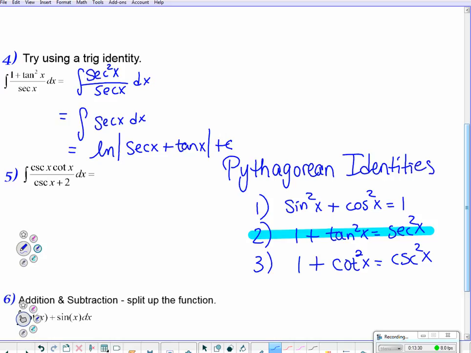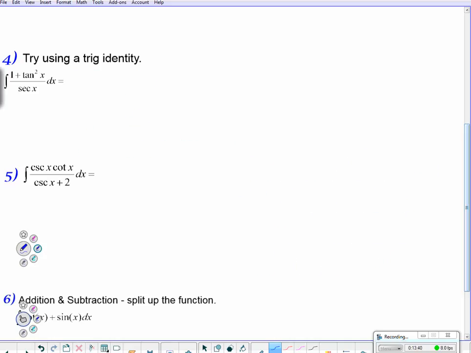All right. The next one. I don't know if we really have a trig identity we want to use. I think it's more going to be a u sub on this one, actually, because I don't know of a trig identity that gives me cosecant cotan. But I do know that the derivative of cosecant is a negative cosecant cotan.